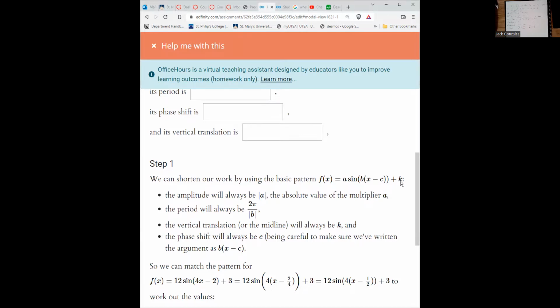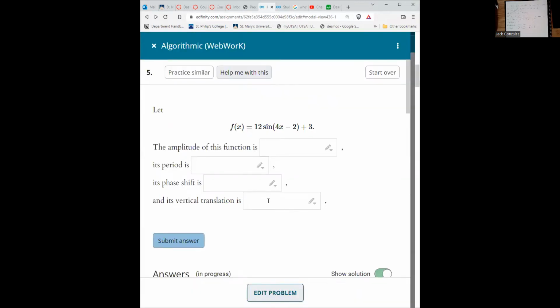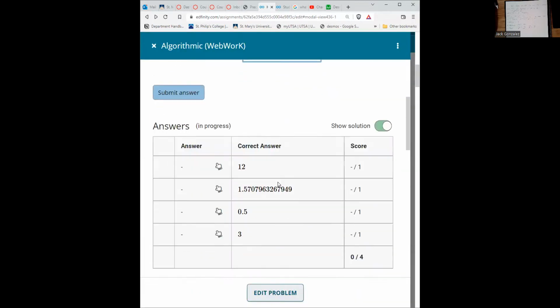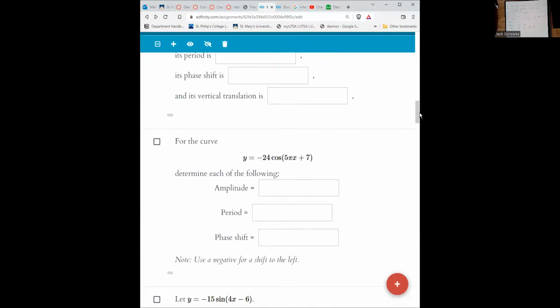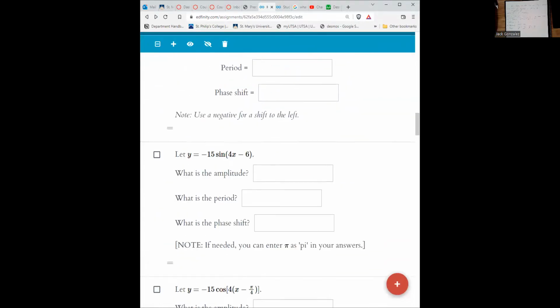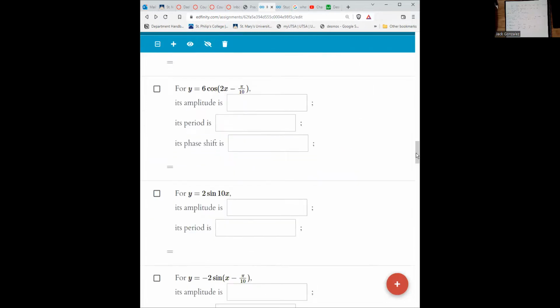So the k, the number outside, plus or minus k, is your midline or vertical translation. So in this example, it would be 3, vertical translation. Yeah, 3 right there. But yeah, that's pretty much it. It'll just repeat itself over and over again. You just read the book, look at the summary that I gave you of all the properties. Should be good.